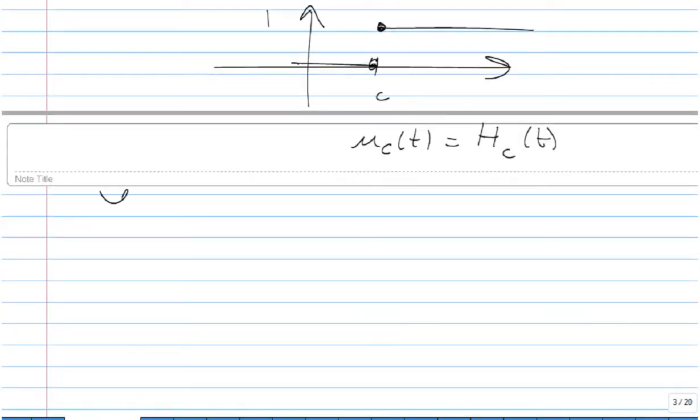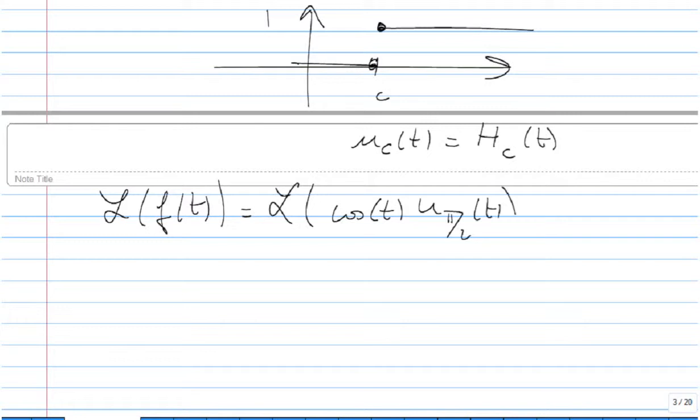So the Laplace of f of t is going to be Laplace of cosine of t times u pi over 2 of t. Now we use the table of the Laplace. This is e to the minus pi over 2 s, Laplace of the shifted cosine of t plus pi over 2.